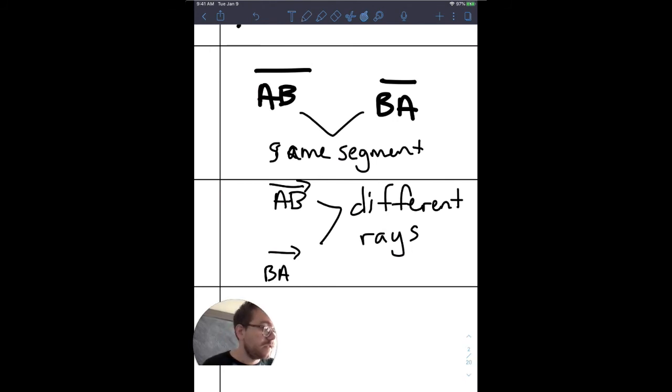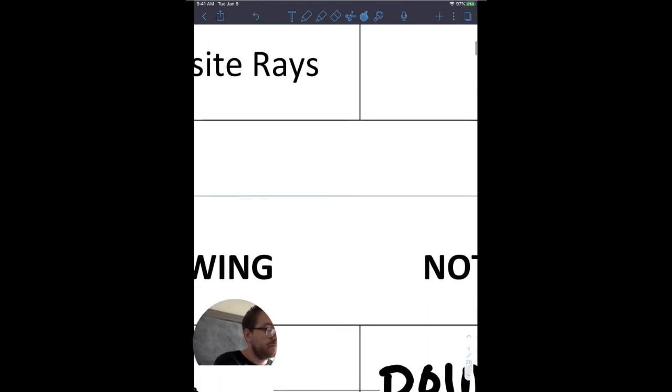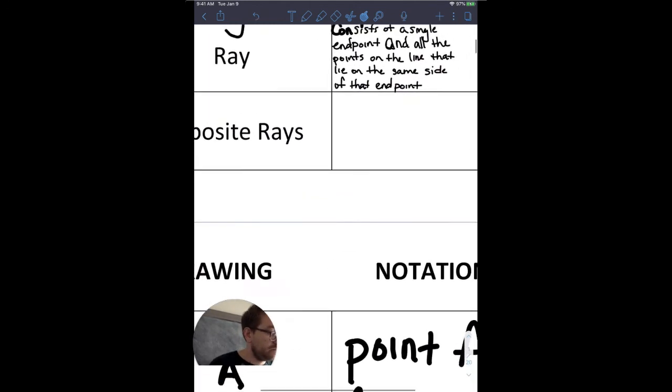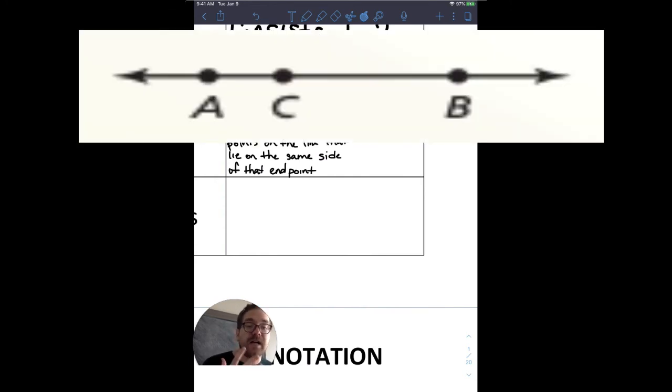All right? Let's talk about the last one, opposite rays. Opposite rays are two rays that have a common endpoint and extend in opposite directions.